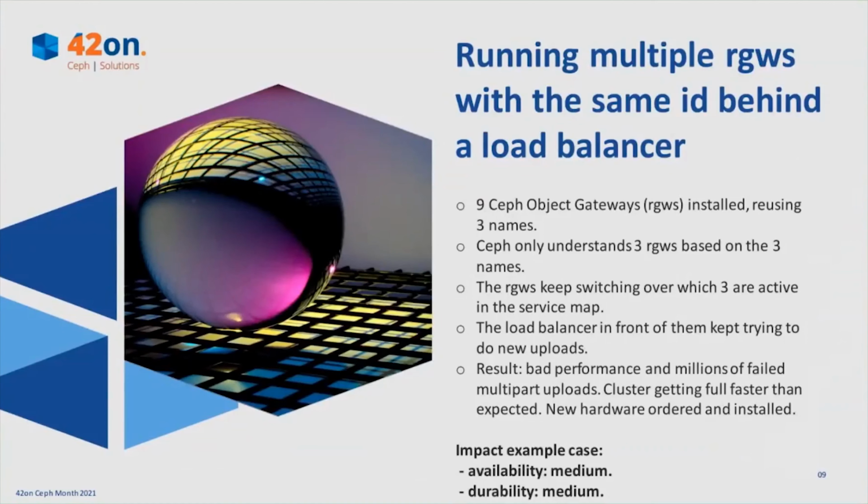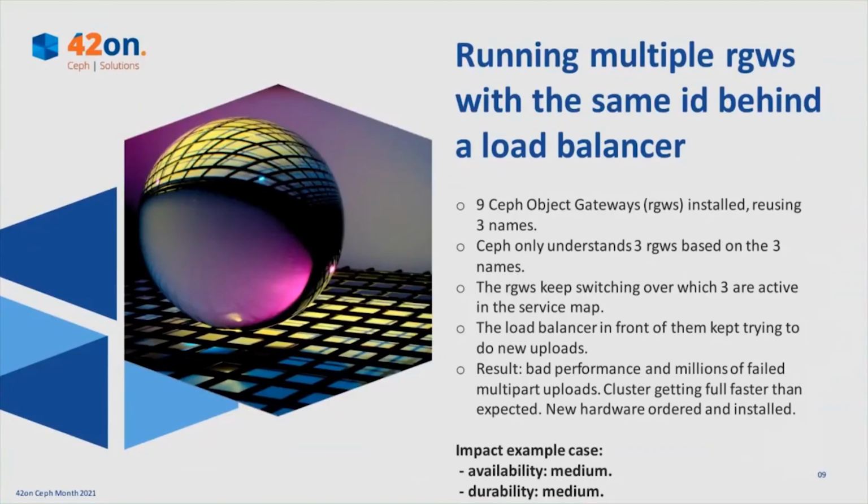And the customer said, I have 9 RGWs, and we saw the IP addresses in the map updating all the time. Now, what we then saw is that there were 9 RGW daemons running on the network, and they were all claiming to be only 3 of them. So they were all skipping and updating the IP address, and the load balancer in front of them was trying to restart the uploads, and it was a bit of a mess.